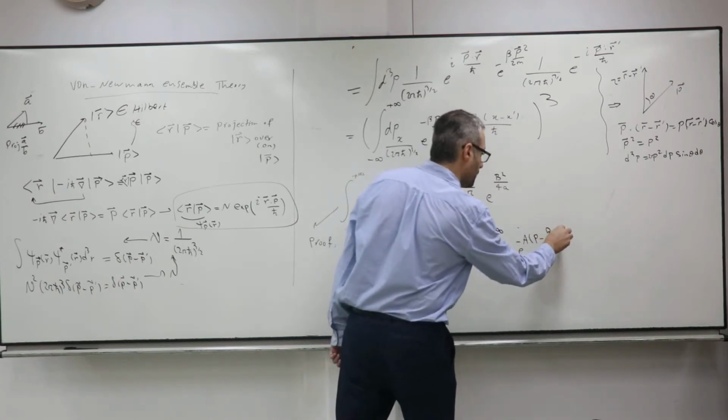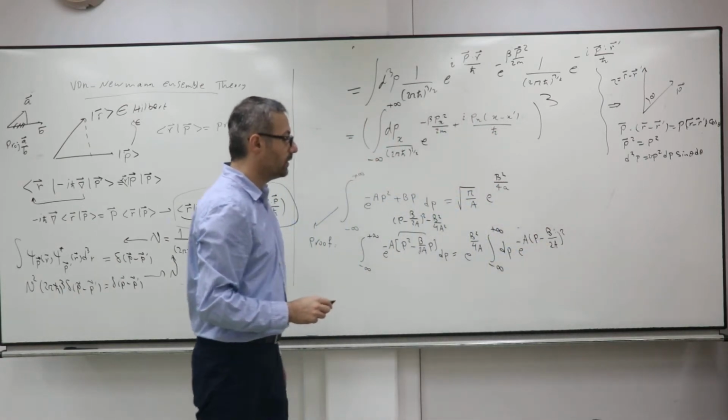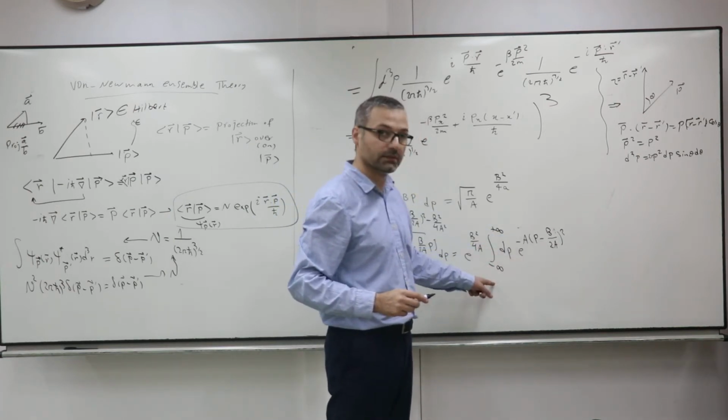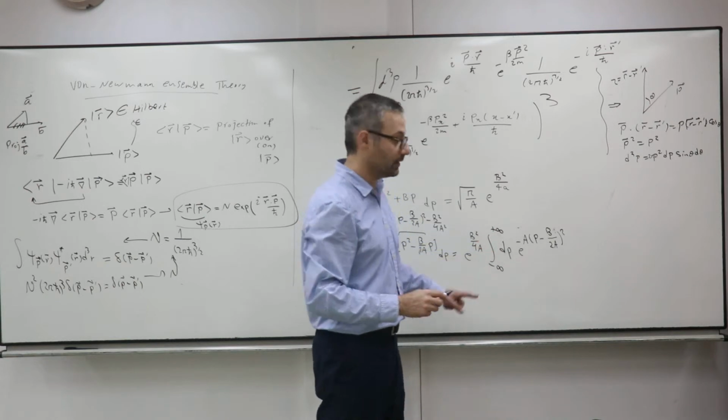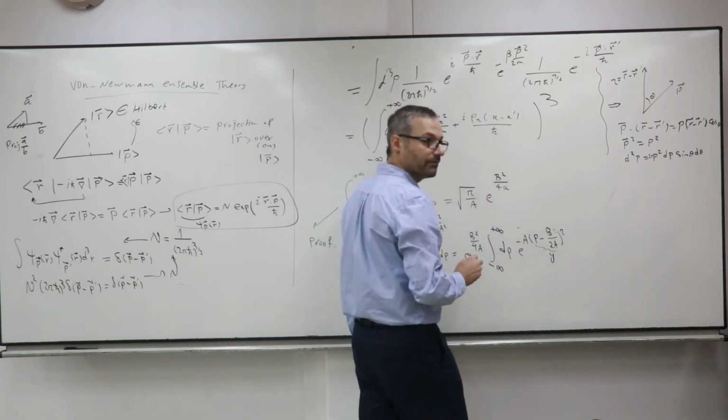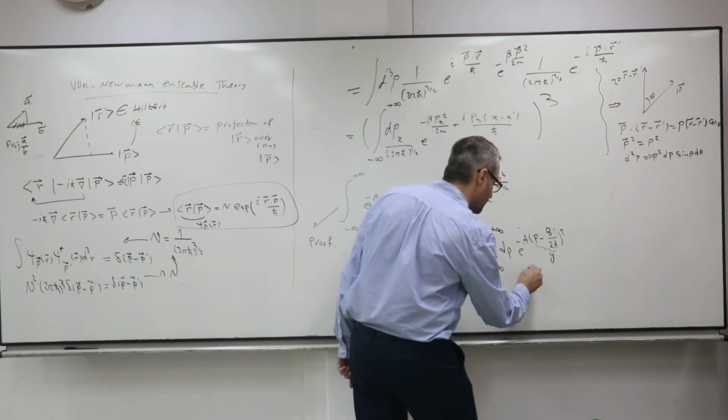What is this integral? If you change p to p minus b over 2a, the limits don't change because it goes from minus infinity to infinity, so I can shift it by anything you like. What is the integral from minus infinity to infinity?